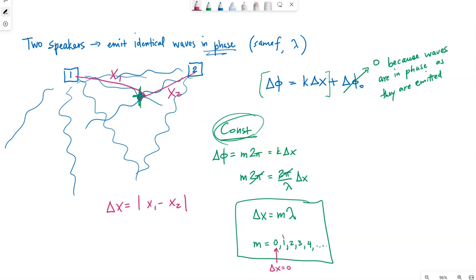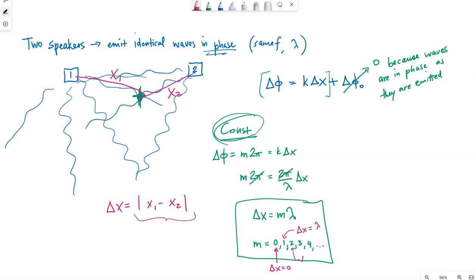If m is 1, we get delta x is equal to lambda, meaning one of these waves traveled exactly one wavelength farther than the other one to get to us. But because of that one wavelength shift, those two waves are still in phase. And so we still hear this louder sound.